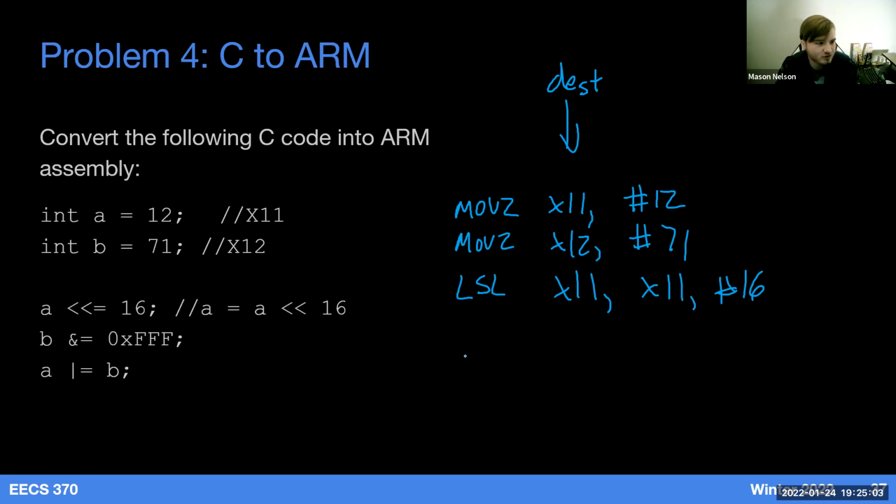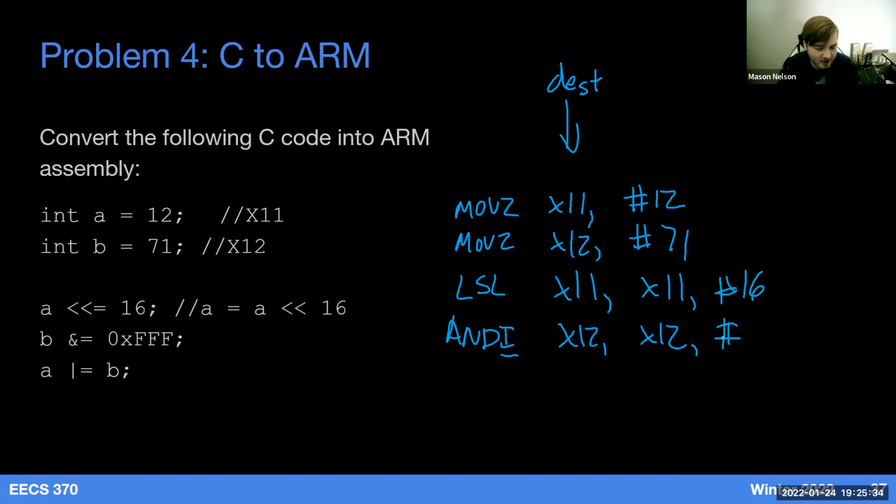Then we could do an AND operation. Once again, this is going to do the AND operation in place. So we'll put it back into register 12. Our source will be register 12. In LC2K, we would have to load this mask, but because we have immediate operations, we can just do an ANDI, where the I stands for immediate, which is like a constant, and then we can just place in the value.